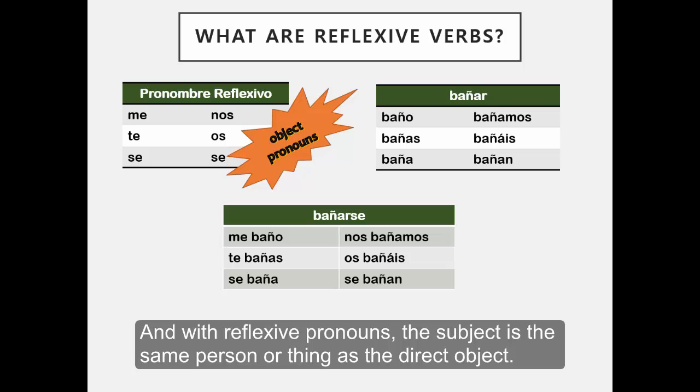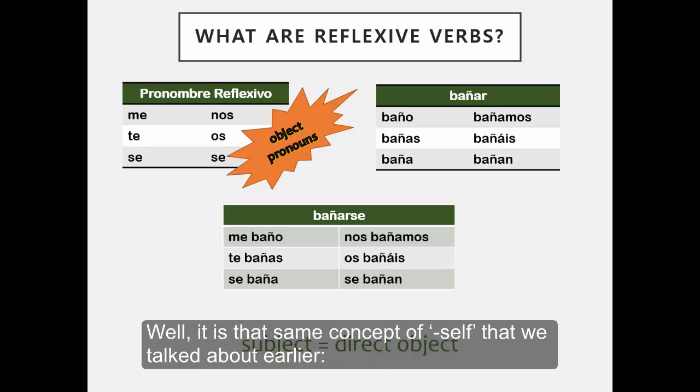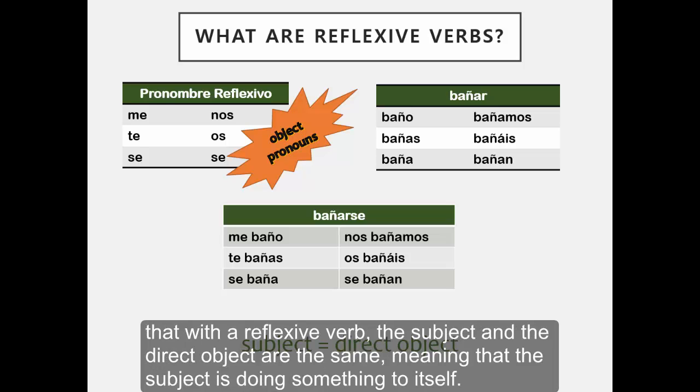And with reflexive pronouns, the subject is the same person or thing as the direct object. What does that mean? Well, it is the same concept of self that we talked about earlier. With a reflexive verb, the subject and the direct object are the same, meaning that the subject is doing something to itself.